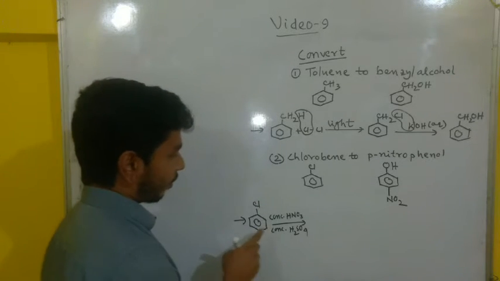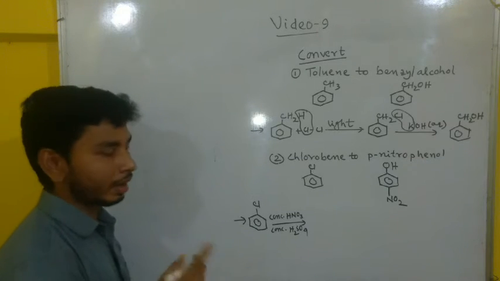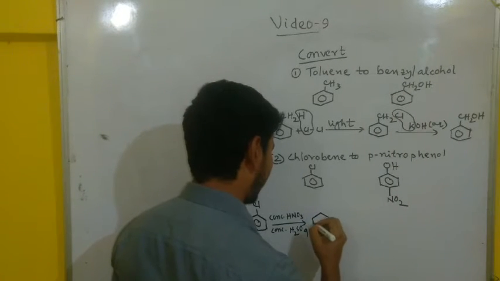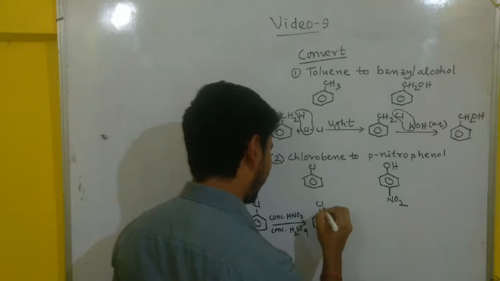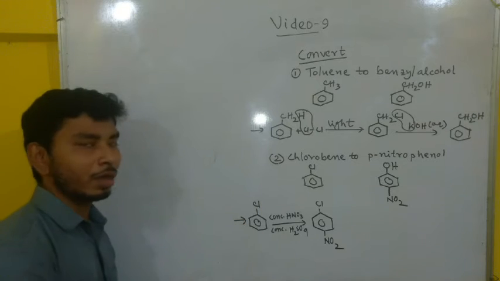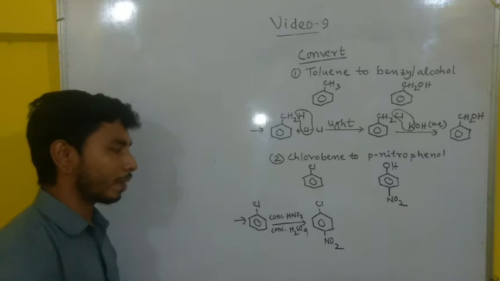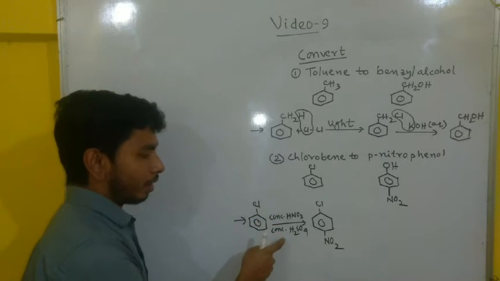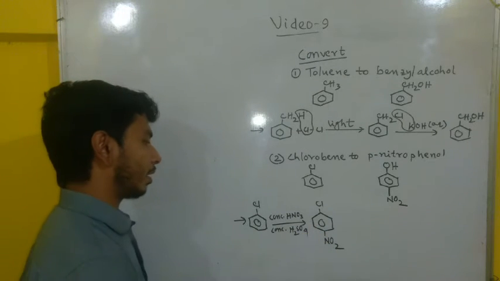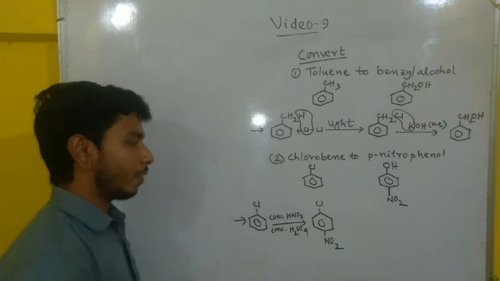So chlorobenzene on nitration gives two products, one minor and the other major. The major product is the para product. In the conversion we have to write only the major product. The minor product is not necessary to write. So chlorobenzene upon nitration gives the para product as the major product, with one nitro group in the para position.